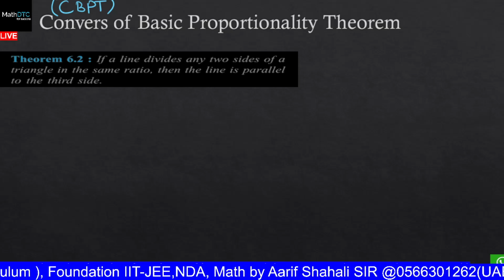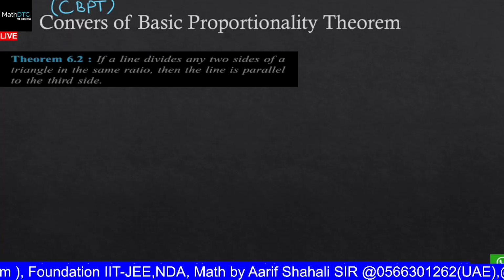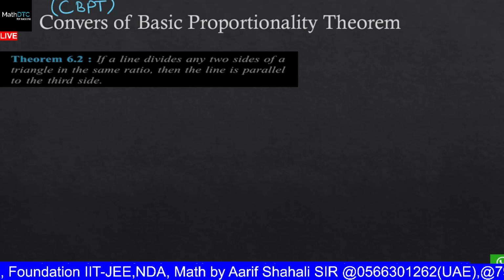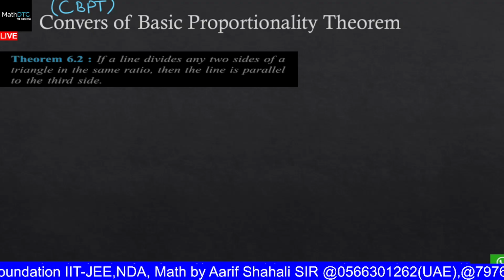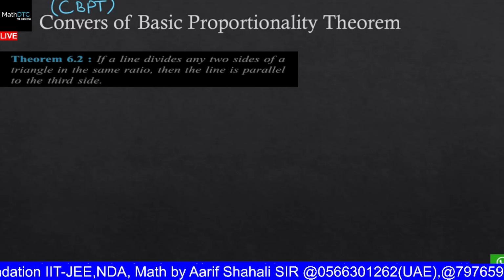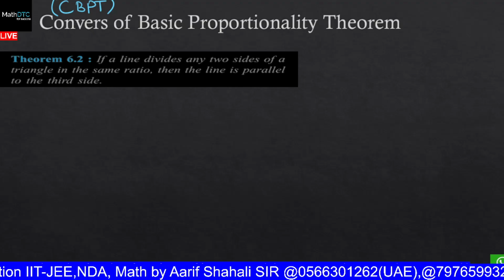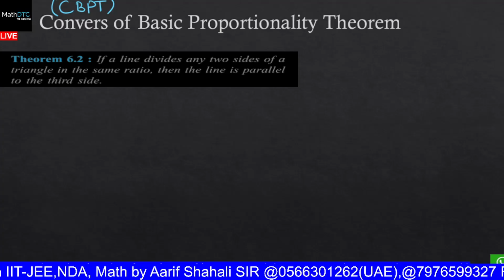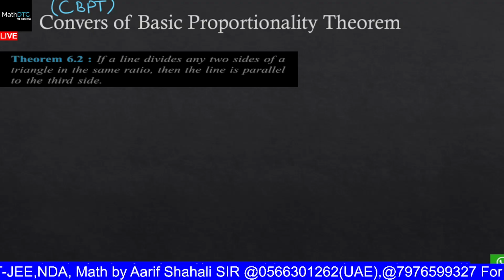Can you observe? Now you have to compare both statements. The first is BPT and the second is the converse of BPT. The first statement tells us that if we have a line parallel to one of the sides, intersecting the other two sides at two distinct points, the two sides are divided in the same ratio, right?